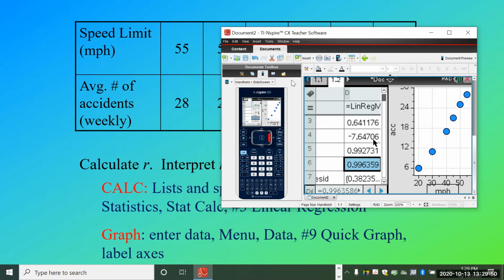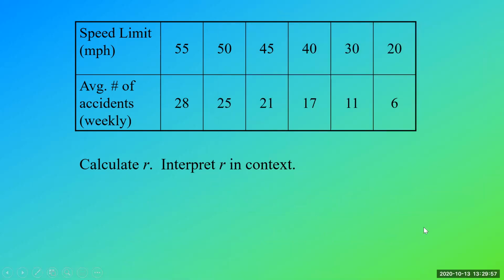So again, our question was calculate R. R is 0.99, or 0.996 if you want. Do not round it up to 1 unless it is exactly 1. And how do we interpret it in context? Interpret means we need a sentence relating it to what in the world we're talking about.